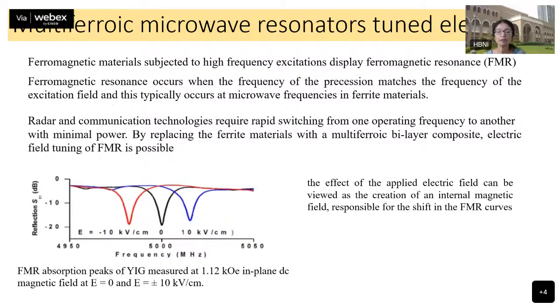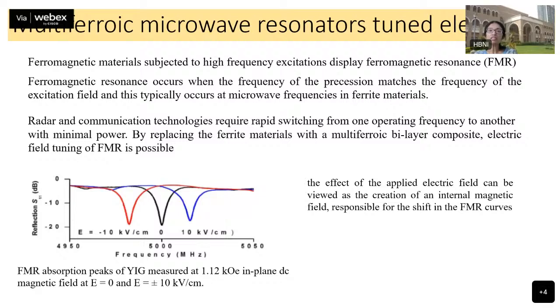Then you have multiferroic microwave resonators, which can be tuned electrically. Ferromagnetic materials subjected to high frequency excitations display ferromagnetic resonance. Ferromagnetic resonance occurs when the frequency of the precession of your material matches the frequency of the excitation field, and this typically occurs at microwave frequency in all the ferrite materials.